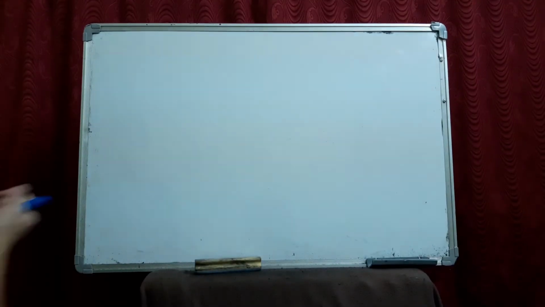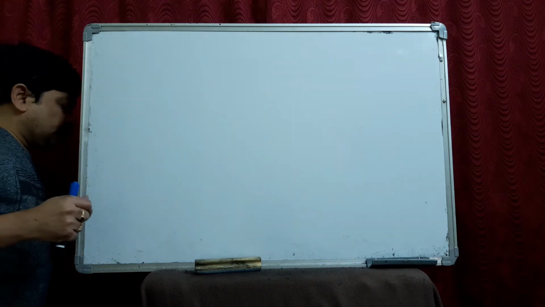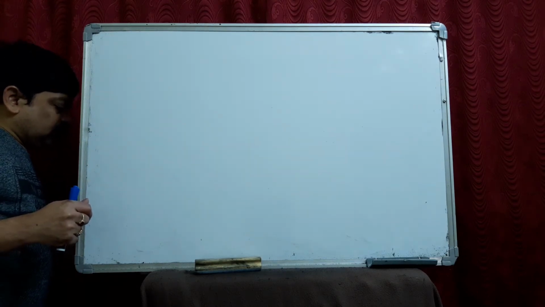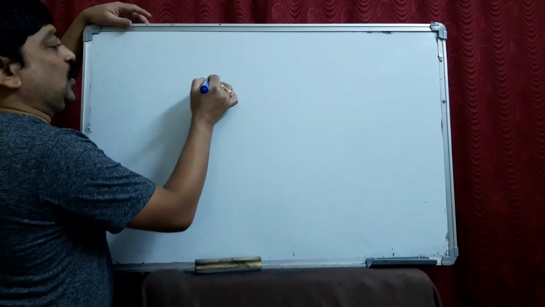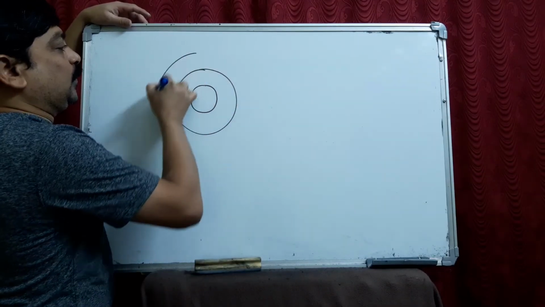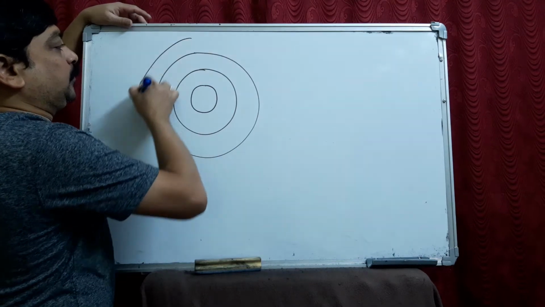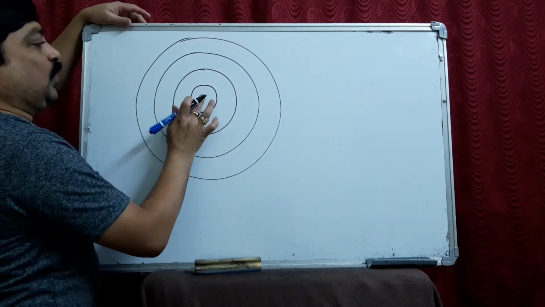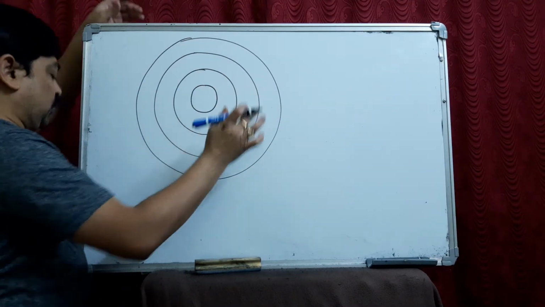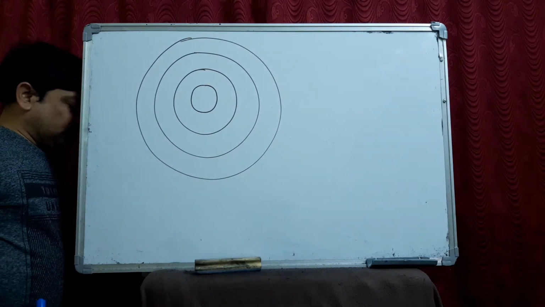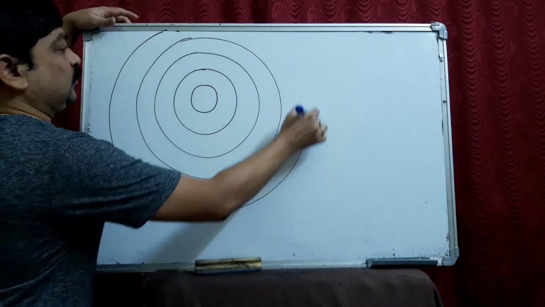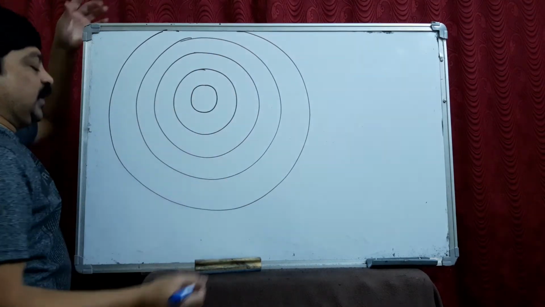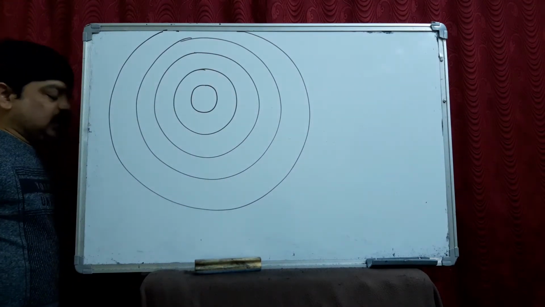Now see the third question. They have given some circles like this. They have taken three circles, some circles.